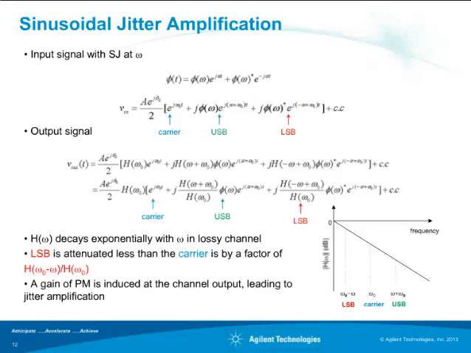After this signal passes through the channel, these three components will multiply with the transfer function H at three different frequencies. It's interesting to see that in a typical lossy channel, the transfer function decays exponentially with frequency. Therefore, the lower sideband will experience less attenuation than the fundamental frequency will.